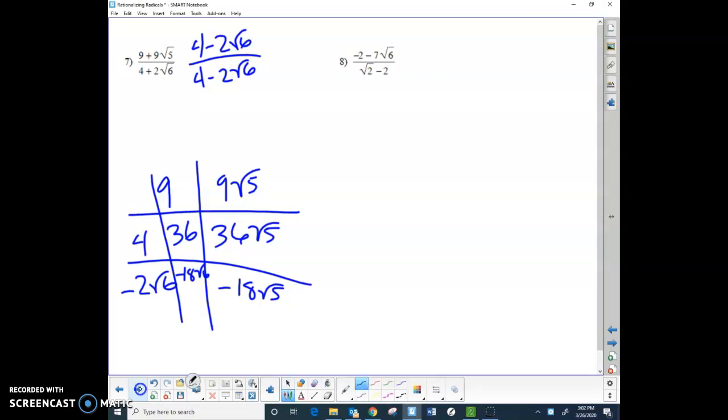All right, so nothing in here can be added together or simplified, or nothing cancels out. So what I have is 36 plus 36 square root of 5 minus 18 square root of 6 and minus 18 square root of 5. All right, that is the top.